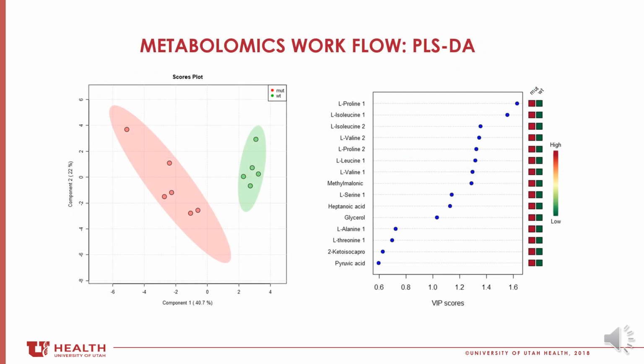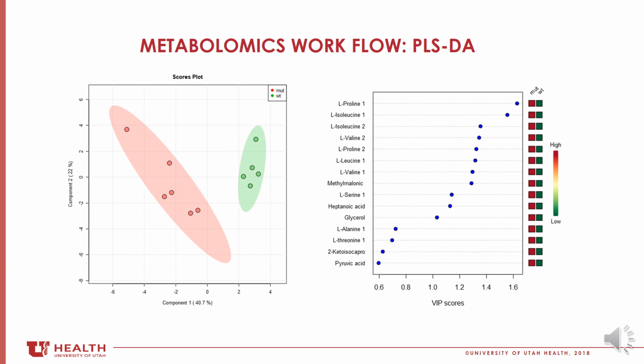The next plots that we just show are partial least squares discriminant analysis. And this is really similar to principal component analysis, but it's a directed form of this. So basically, you're telling the software what samples belong to which groups, and then the software determines what are the most different metabolites between the two groups.